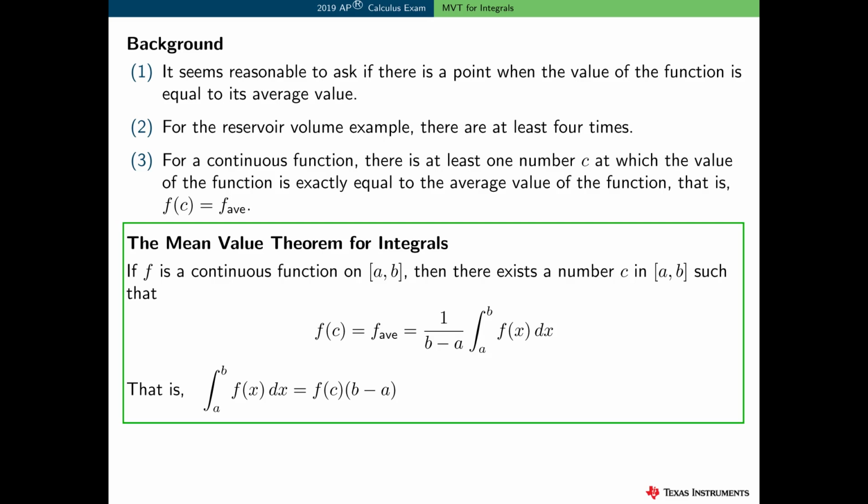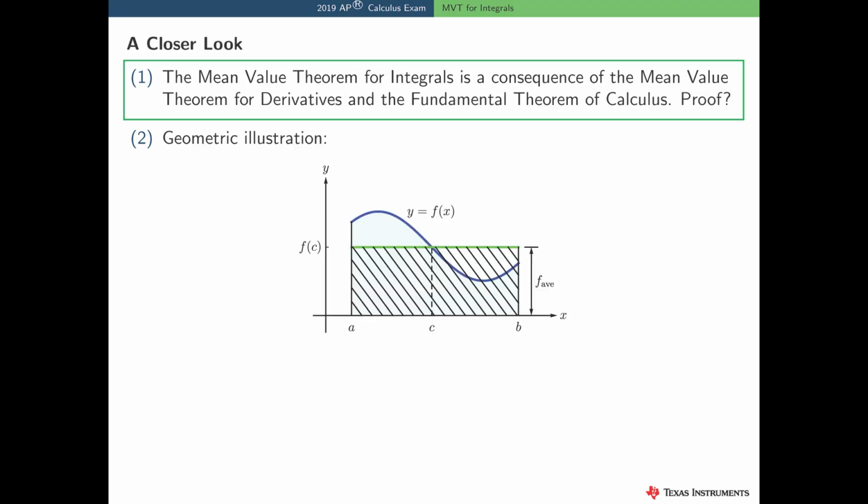Or, if we multiply both sides of that expression by b minus a, the definite integral from a to b of f of x dx is equal to f of c times b minus a. This theorem seems pretty reasonable, especially in light of the graphs we've been looking at. But it can be proved using the mean value theorem and the Fundamental Theorem of Calculus.